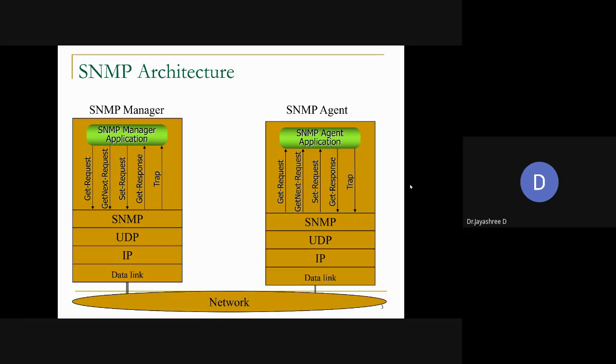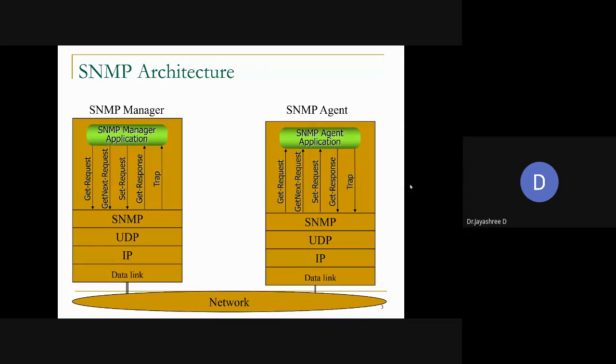Every network element can install application software, either manager application software or agent application software, or both can be installed. Then within the network element, the agent can access the MIB created by it. So it's a combination of everything that sits inside the physical entities.